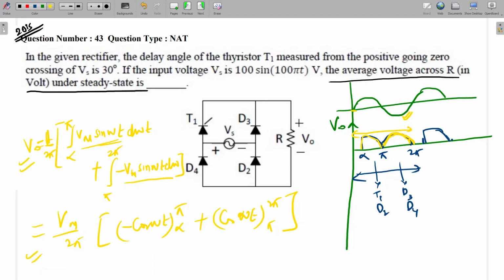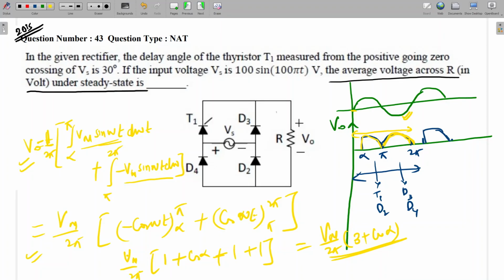Yes, sir. Okay. So Vm upon 2 pi, here cos of pi will be minus 1, and minus of that gives plus 1, so plus 1 plus cos alpha. Here cos 2 pi will be 1 and minus cos pi will be 1. So this will be Vm upon 2 pi times 3 plus cos alpha. So this will be the equation of the average output voltage.